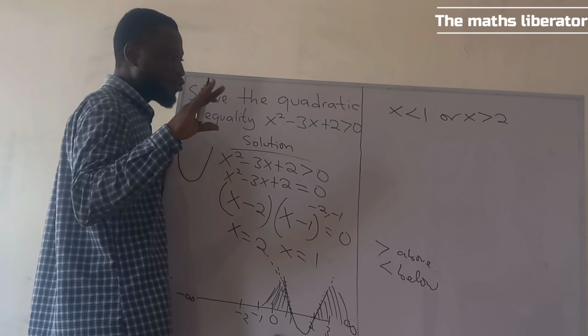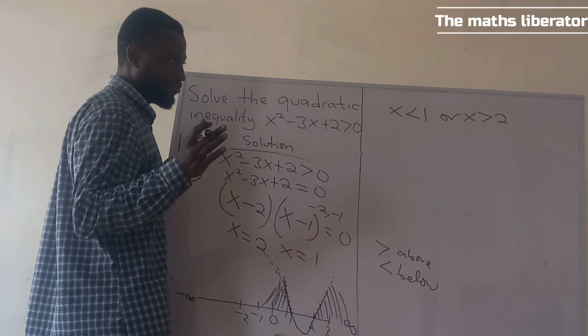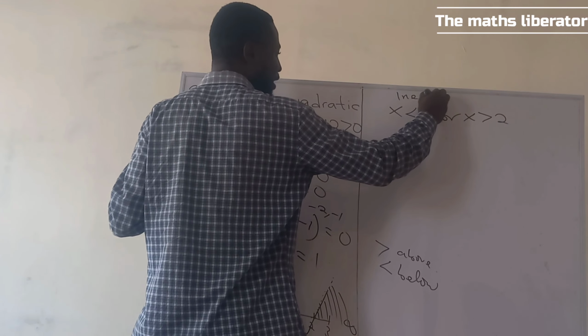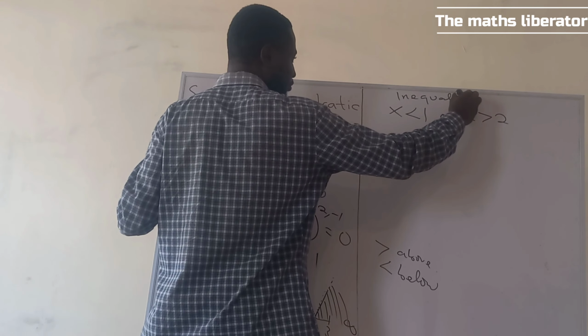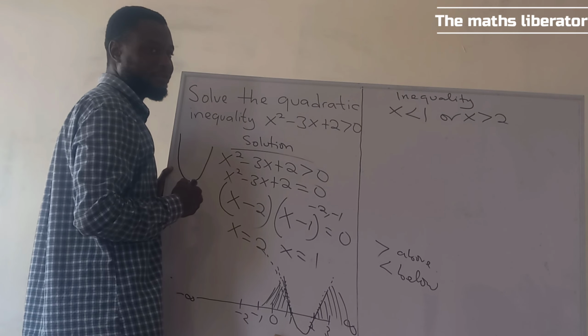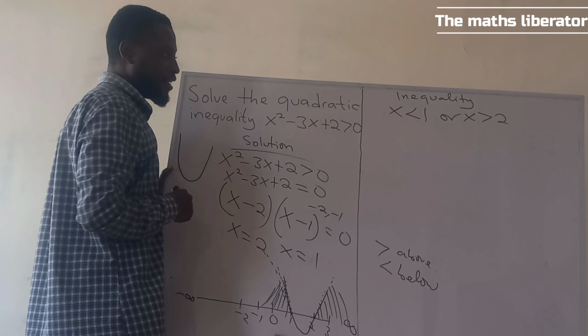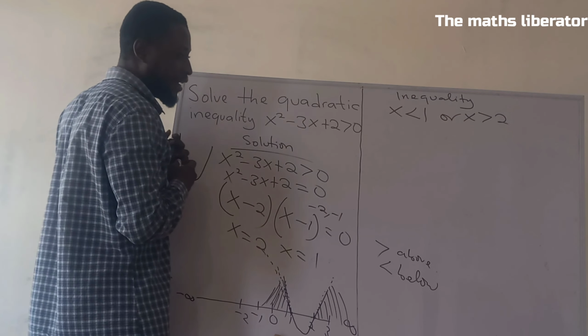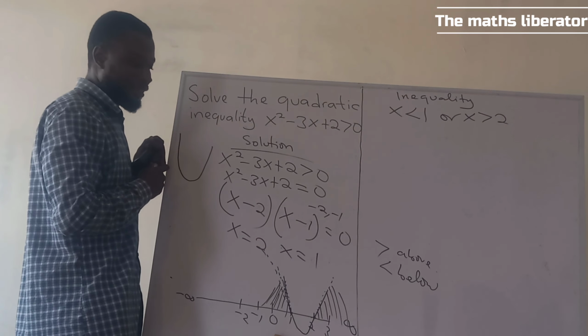But you can put the solutions in 3 ways. The first way is known as the inequality way. And the second way you can use is the interval.